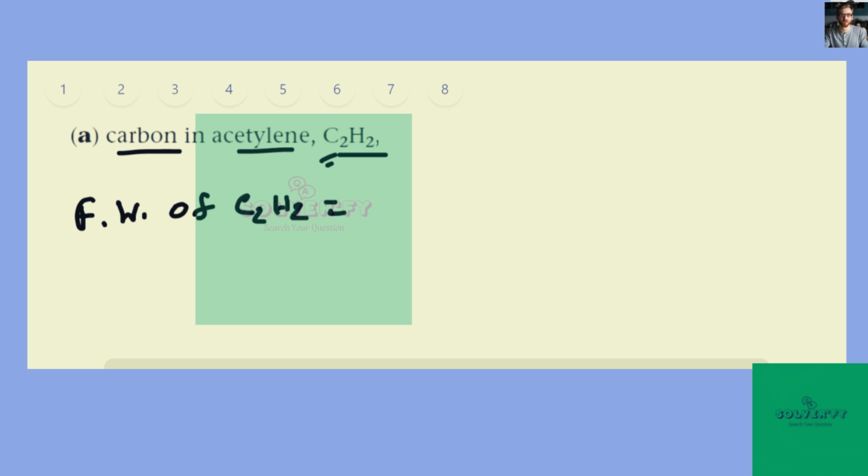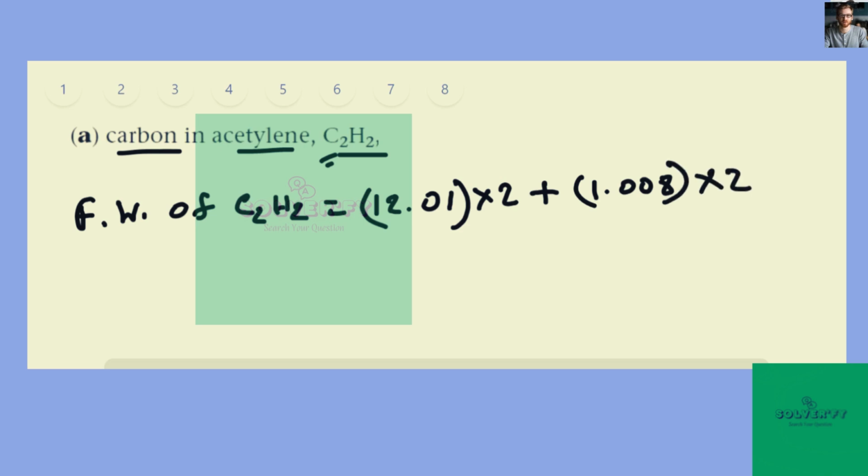So let's start with carbon. The carbon's atomic weight is 12.01, and we have two carbons, therefore we multiply this by 2, and we have two hydrogen, and hydrogen has an atomic weight of 1.008, and we multiply by 2 again since we have two hydrogen.